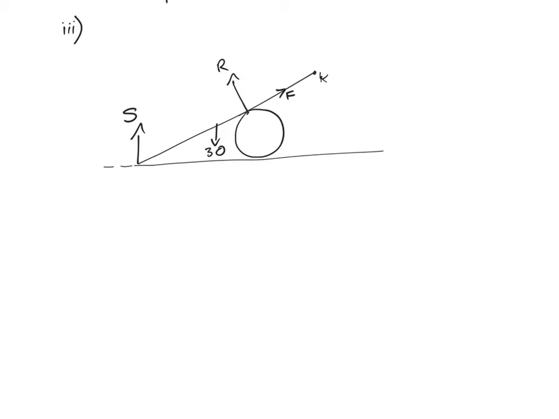The floor is smooth, so hence there's no friction there. It's 0.3, it's still 0.6. Find S, find also an expression in terms of theta for R and F.